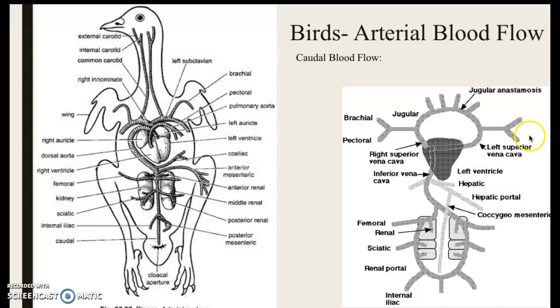The sciatic artery, which persists in birds but does not in mammals, branches between the middle and posterior renal arteries right here and persists through the kidney.